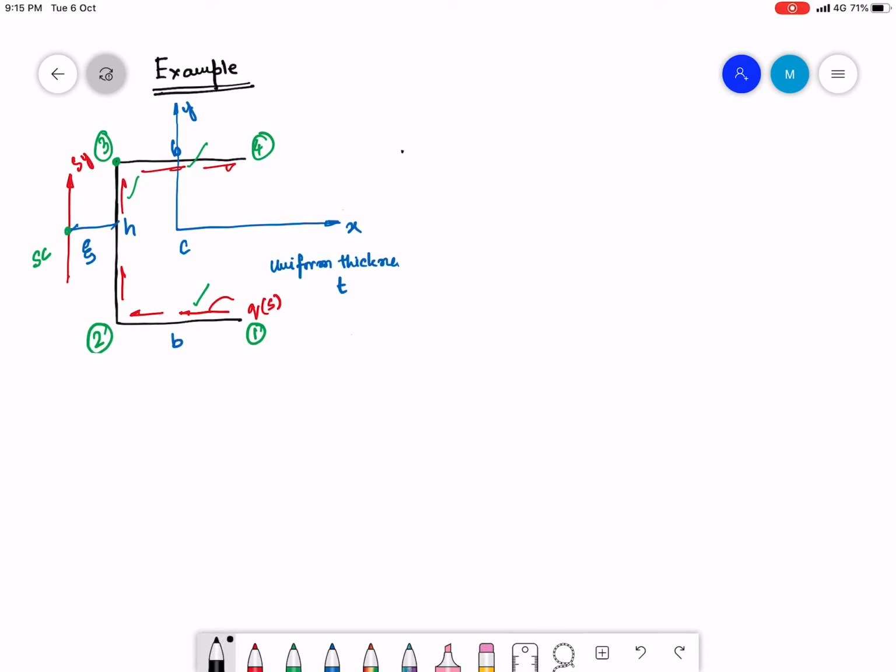Okay, so let me carry on. Ixx is going to be equal to h cube t by 12 times (1 plus 6b by h).